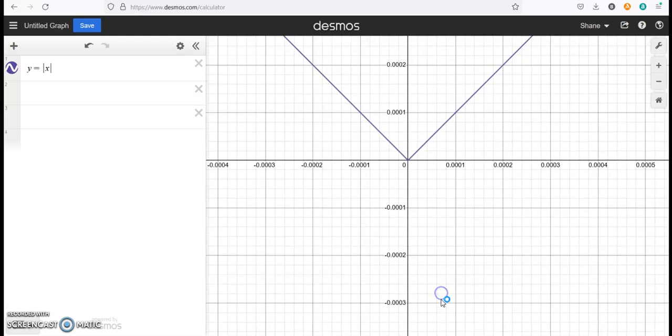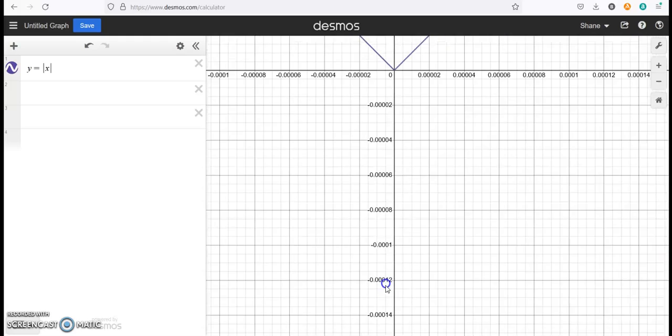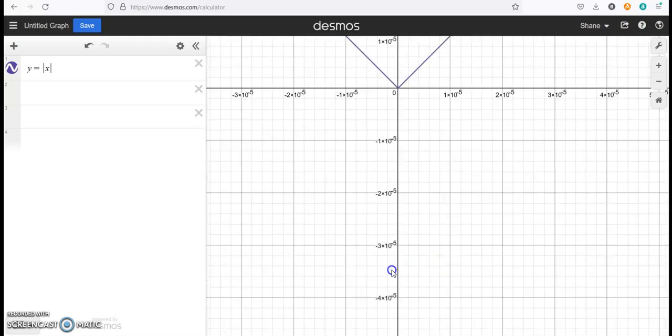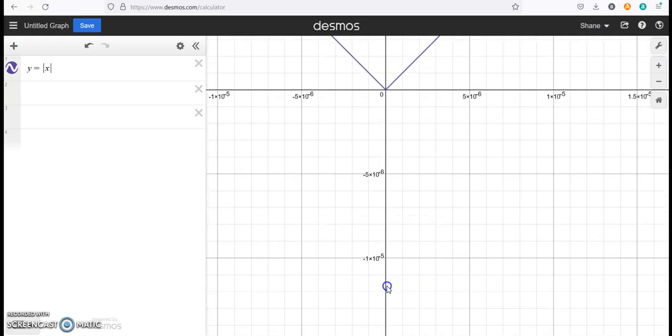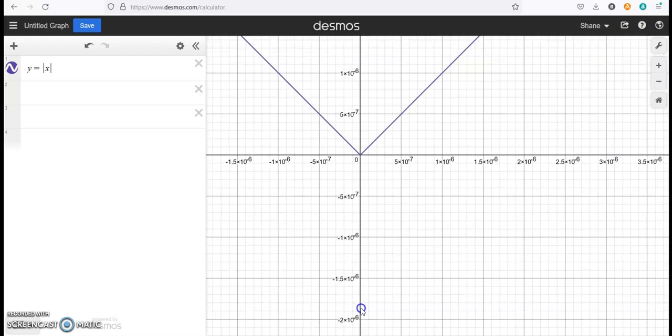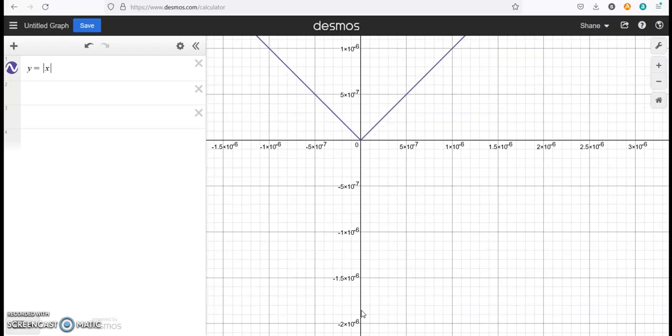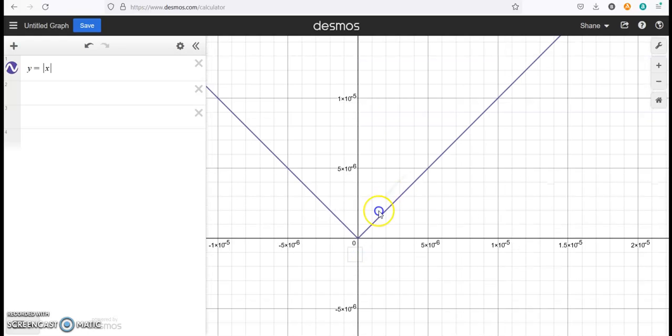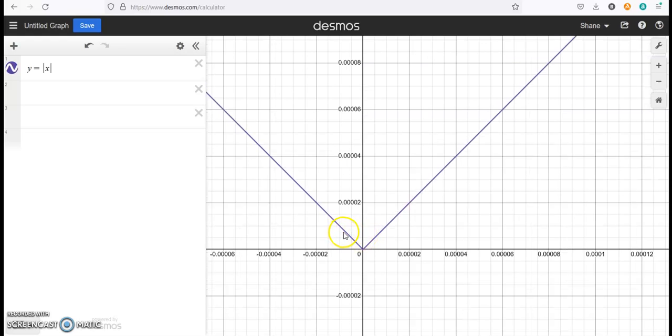So at points where a function is non-differentiable, local linearity does not exist. No matter how much I zoom in, really getting in there, really small units here. But that's what local linearity is all about.